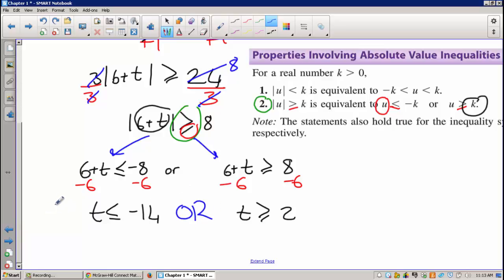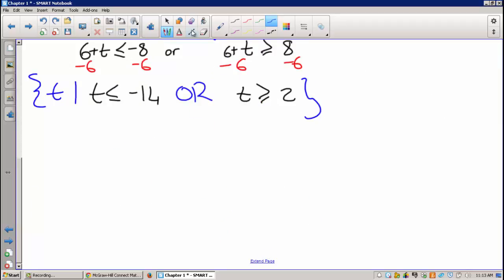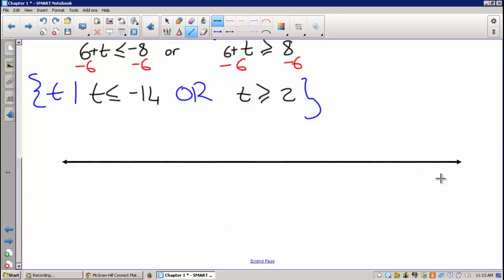This would be your answer if the question was to use set builder notation. This would be the answer, but they want intervals. So I need to graph and see where they unite.